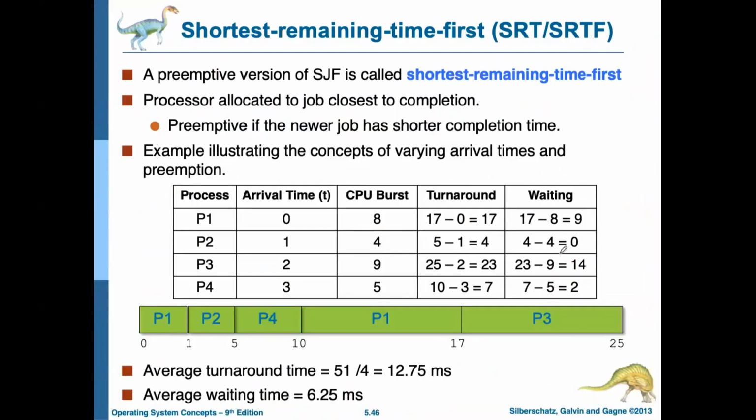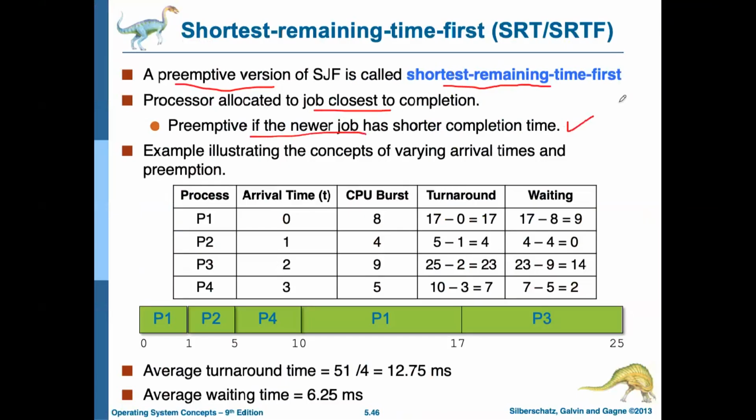Next, shortest remaining time first, another algorithm. This is a preemptive version. The processor is allocated to the job closer to completion, and it preempts if the new job has a shorter completion time.